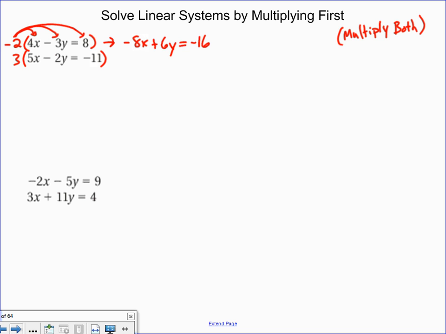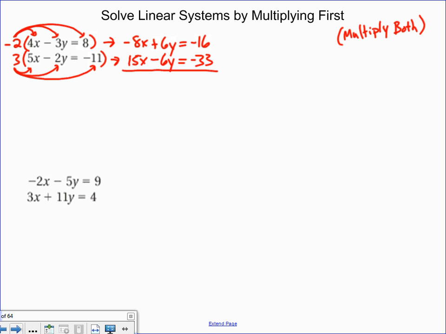On the bottom, 3 times 5x gives me 15x. 3 times negative 2y gives me negative 6y. And 3 times negative 11 gives me negative 33.